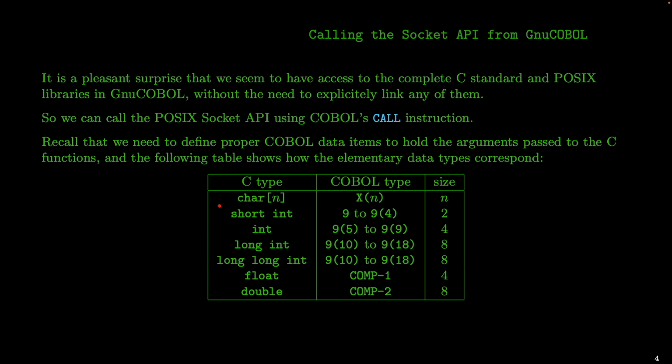So this is the table of C data types, and here how COBOL data types would correspond to it. In particular, what we will need is that individual bytes or characters can be modeled with the alphanumeric data type in COBOL, where each X, each character corresponds to precisely 1 byte in memory.